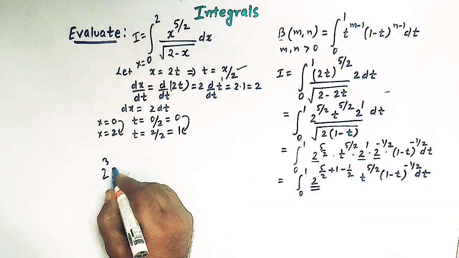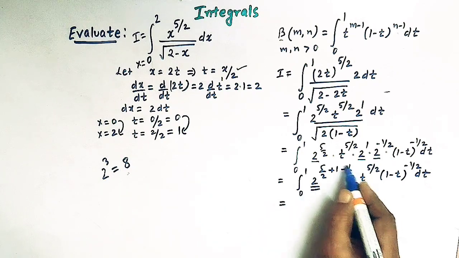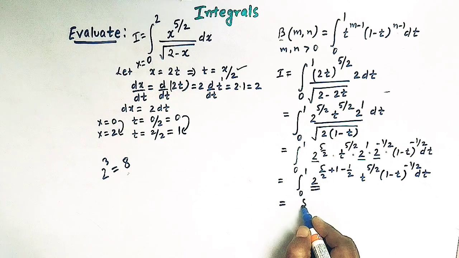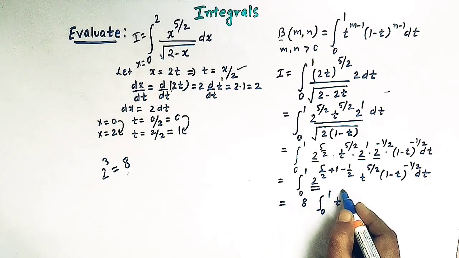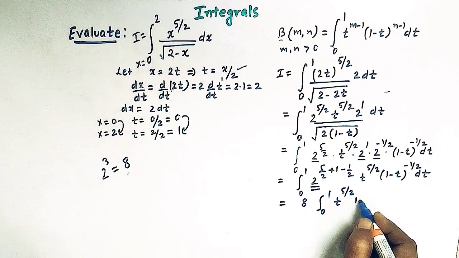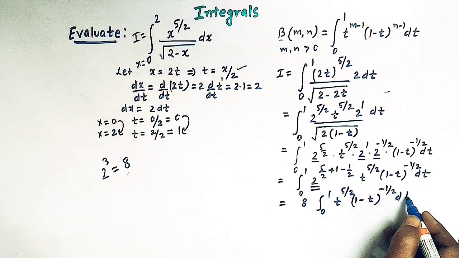So we have 2 cube, that is equal to 8, right? Taking 8 outside the integral, we have 8 times the integral from 0 to 1 of t raised to 5 over 2 and (1 minus t) raised to minus half dt.